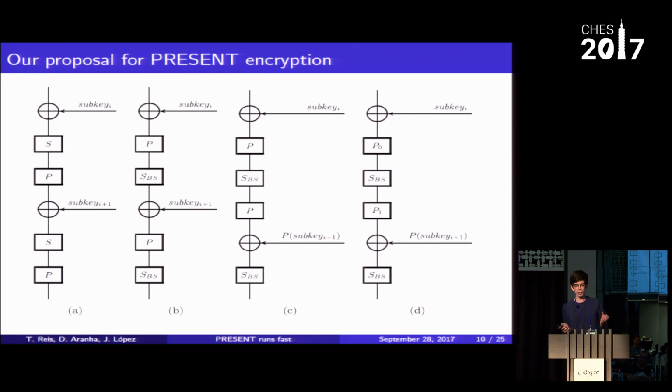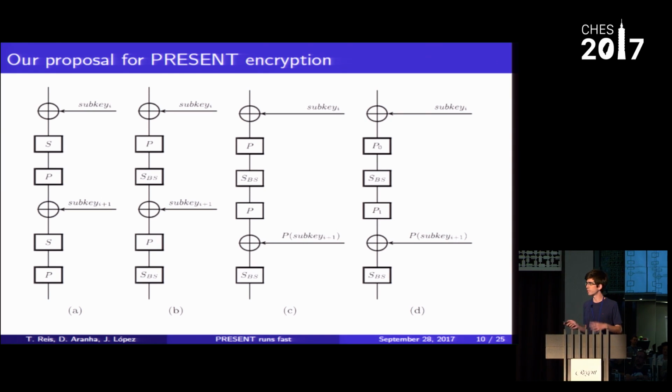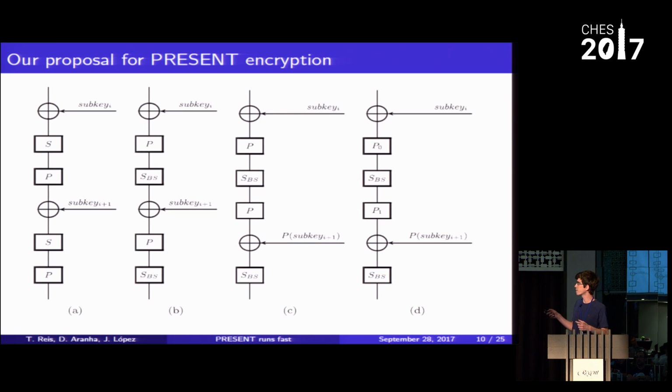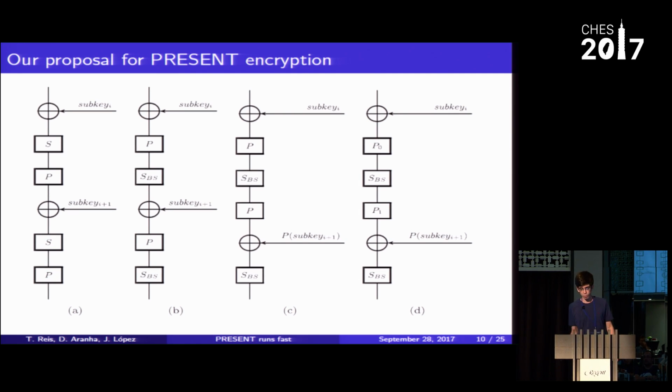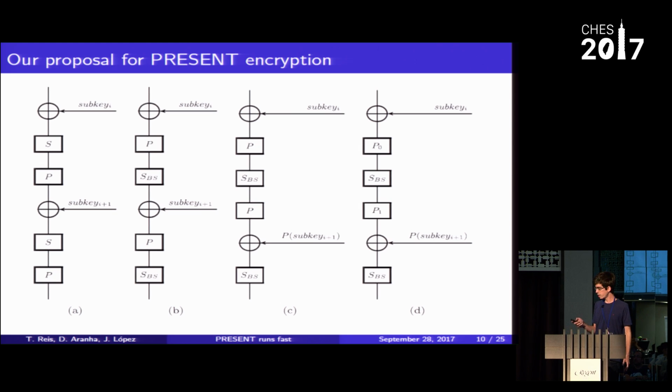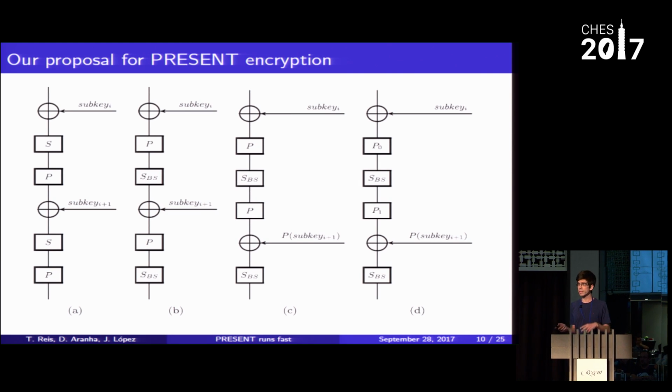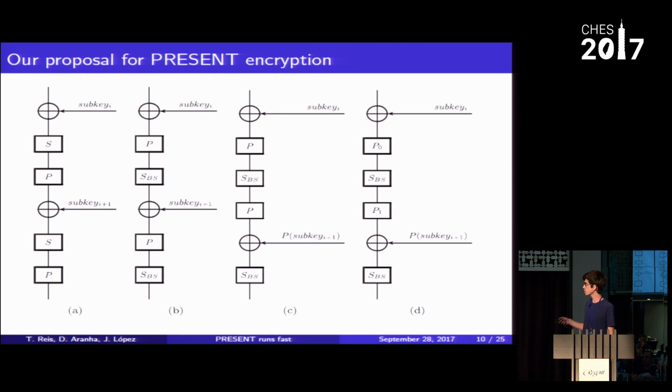Furthermore, P0 prepares the state to undergo the substitution box, so it has to bit-slice the state in the same way that P did. As long as we attend to these two requirements, P0 and P1 are equivalent to P and P in these schemes.